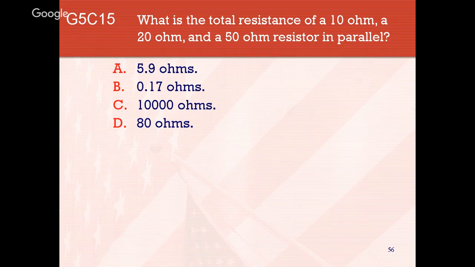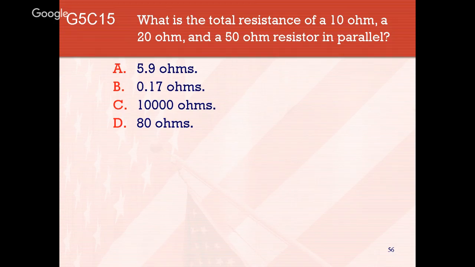What is the total resistance of a 10 ohm and a 20 ohm and a 50 ohm resistor in parallel? This is very simple. If they're in parallel, the total resistance is going to be less than the lowest value. Your lowest value resistance here is 10 ohms.